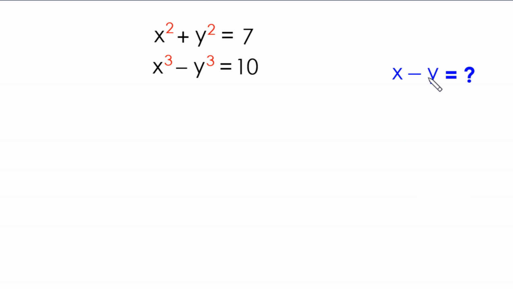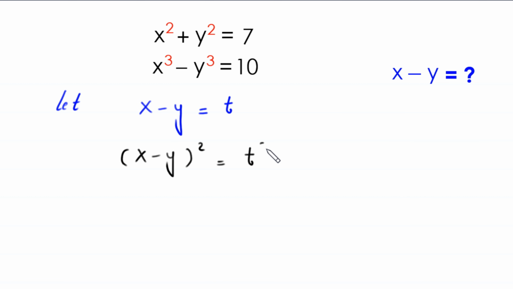So let's start. First we suppose that x minus y is equal to t, and we square both sides of this equation. This will become (x minus y) squared is equal to t squared.